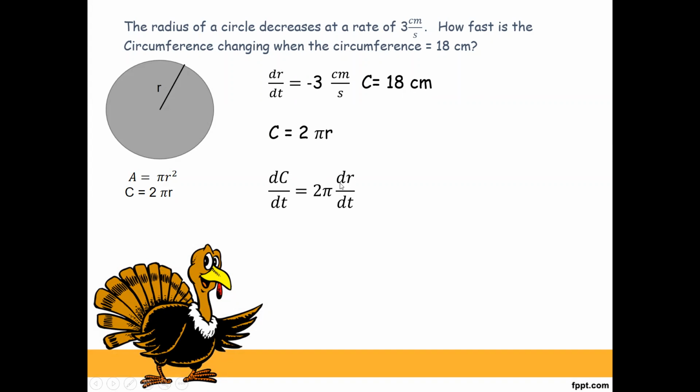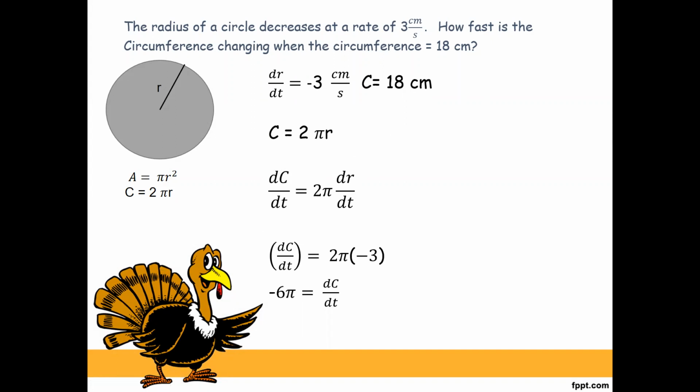Now we know dr/dt is negative 3, and the circumference doesn't even matter because it's not in the formula. So dC/dt equals 2 pi times negative 3, or negative 6 pi.